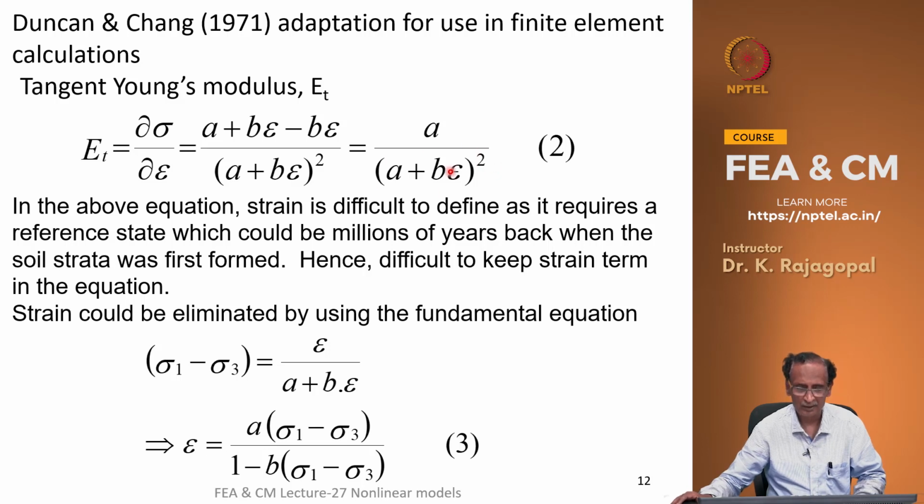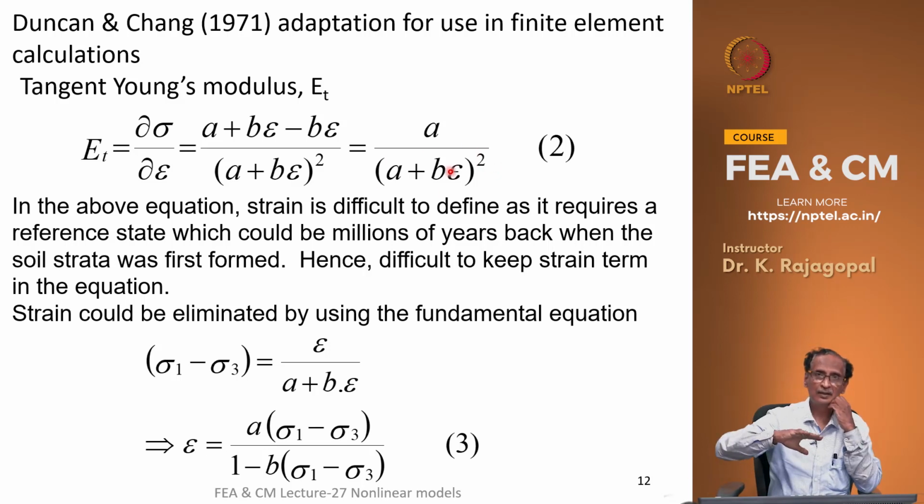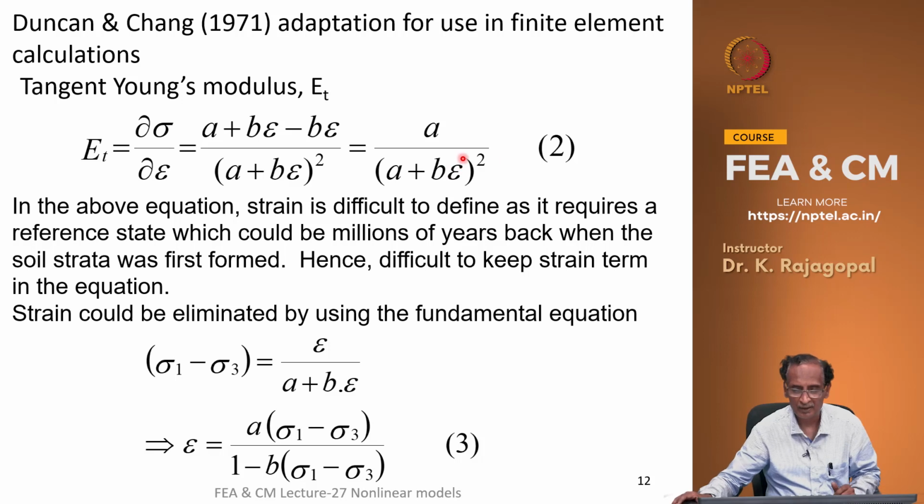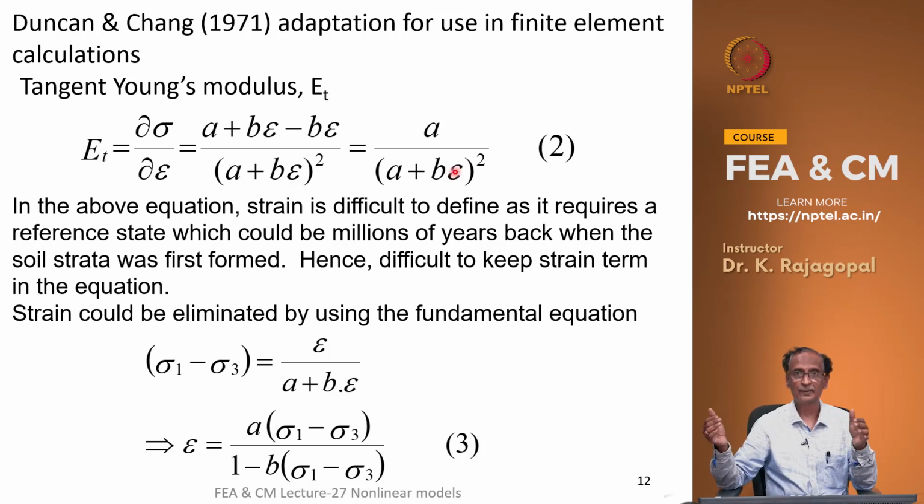It is a very simple equation, and as the strain increases, your modulus is going to reduce, because epsilon is in the denominator and also squared. You will get a rapid decrease in the modulus as the strain increases.